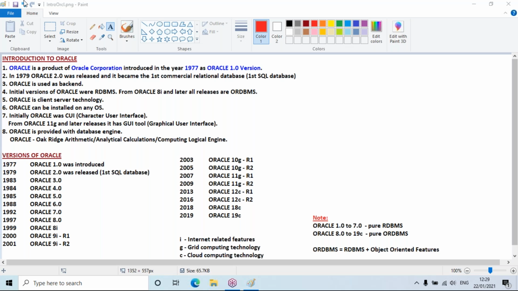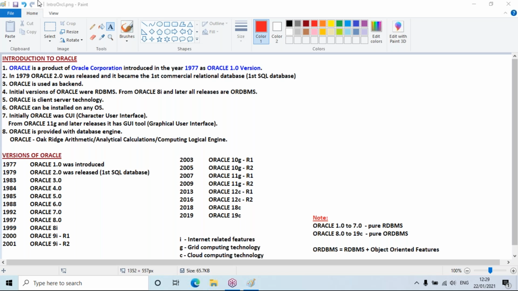Okay, now the next part we will study is about topics that are introduced in Oracle. That part we'll discuss. So what do we have and how are we going to make use of it?